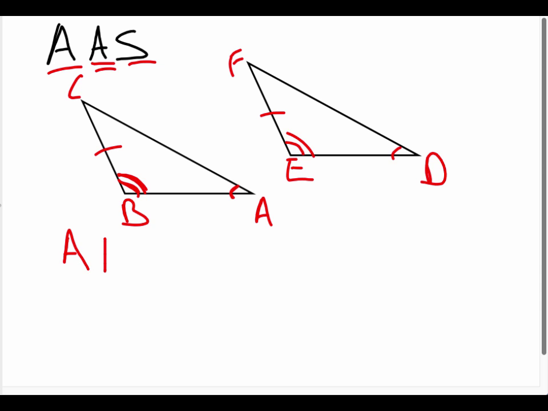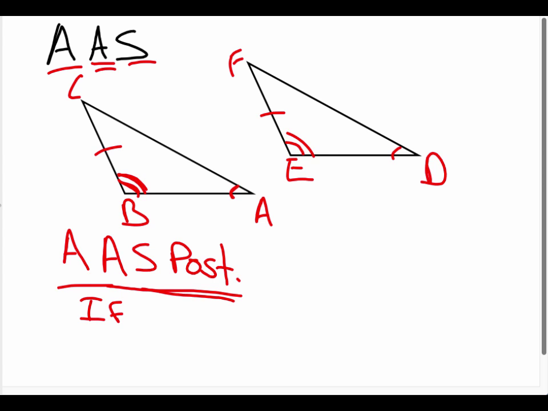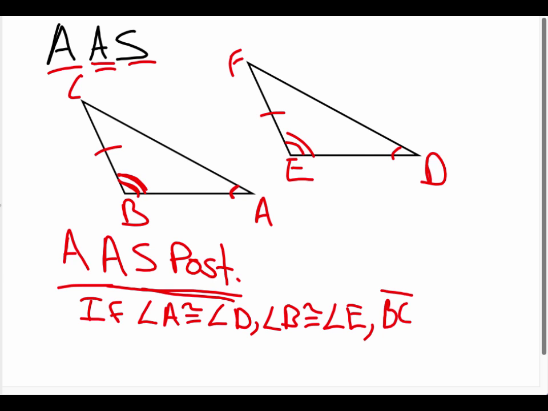then the angle side postulate is if angle A is congruent to angle D and angle B is congruent to angle E and line segment BC is congruent to line segment EF, then, somebody finish the sentence.